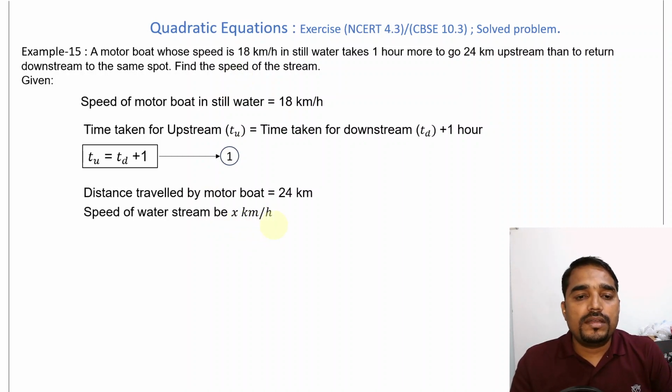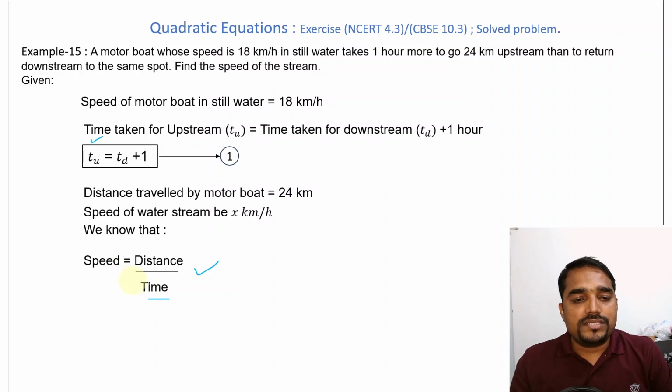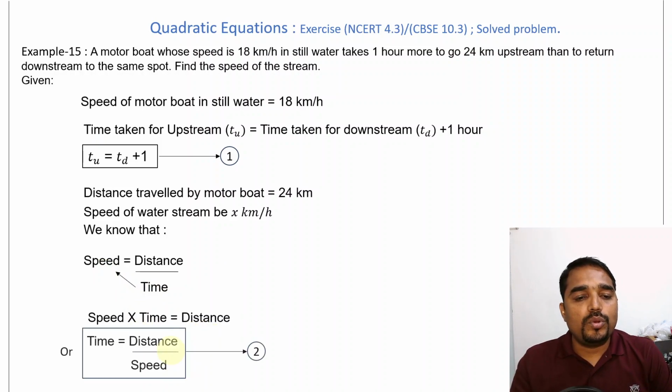Now, we know that speed is equal to distance by time. Since the condition to be framed is based on time, let us take time to the numerator. On transposing from LHS to RHS, time would get multiplied to speed, and time into speed is equal to distance, or time is equal to distance by speed. Let us call this equation 2.